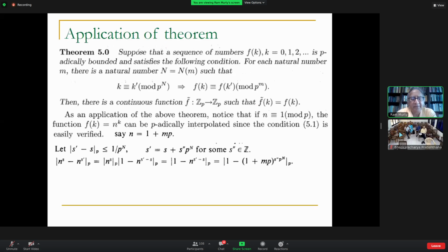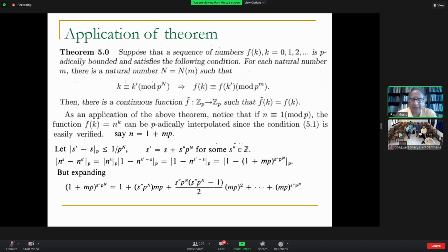So we take the difference and we look at n^s times (1 minus n^(s'-s)). And then because s' minus s is s'' p^n, and n is equal to 1 plus mp, we can now use our binomial expansion and see that the ones disappear, and then you're going to get higher and higher powers of p.